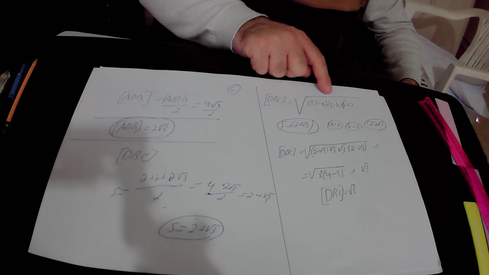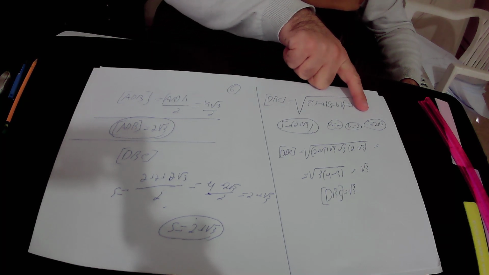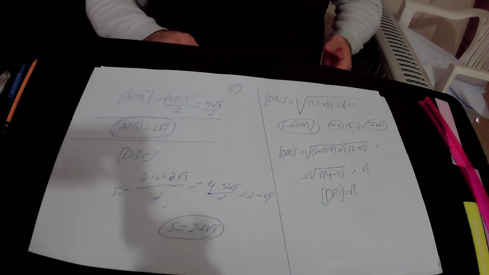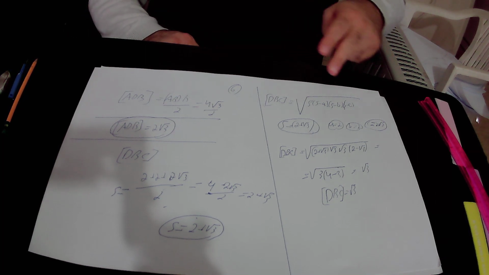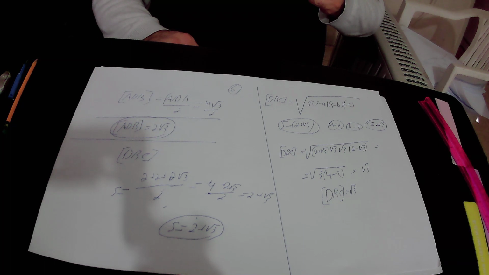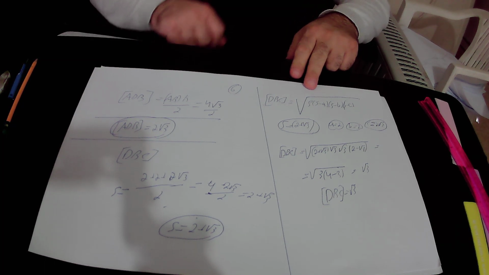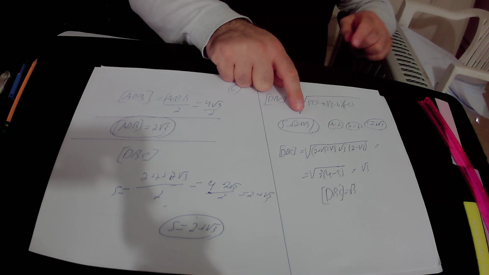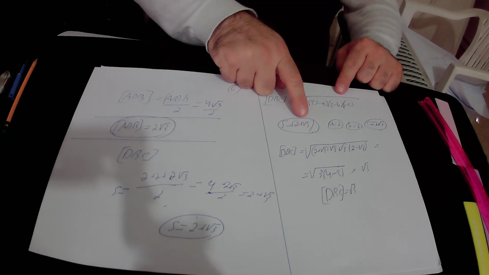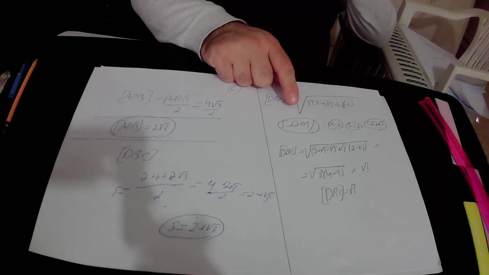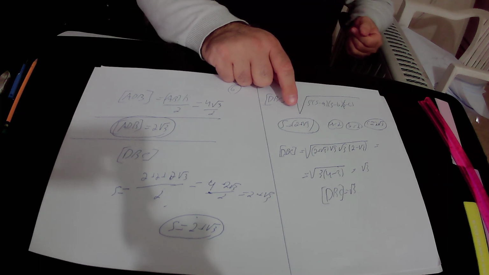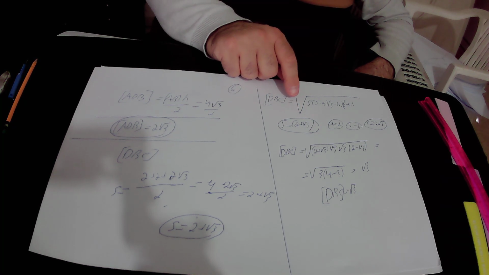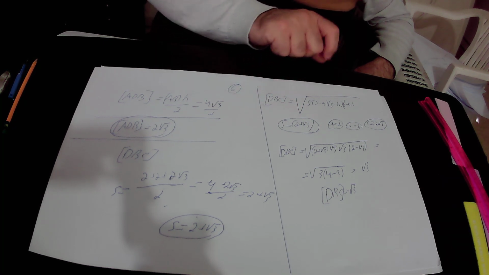A equals 2, B equals 2, and C equals 2 times square root of 3. S minus A is 2 plus square root of 3 minus 2, that is square root of 3. S minus B is the same because A equals B, so it is square root of 3, and S minus C is 2 minus square root of 3.